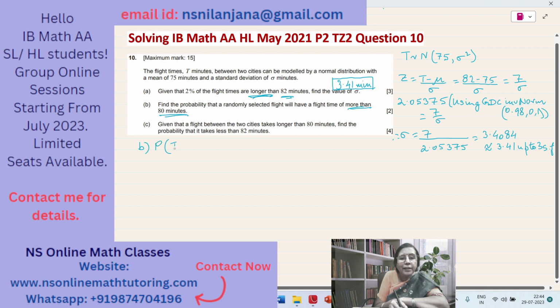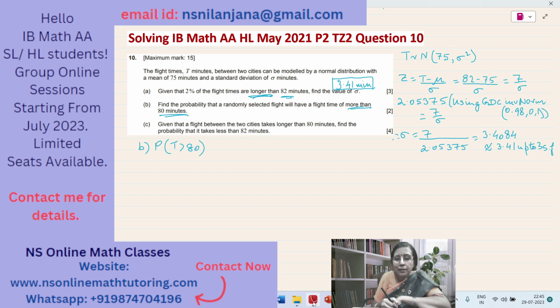Now that we know sigma and the mean, we can use the normal distribution function.